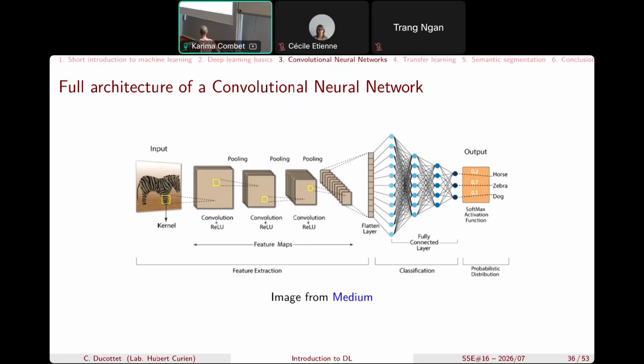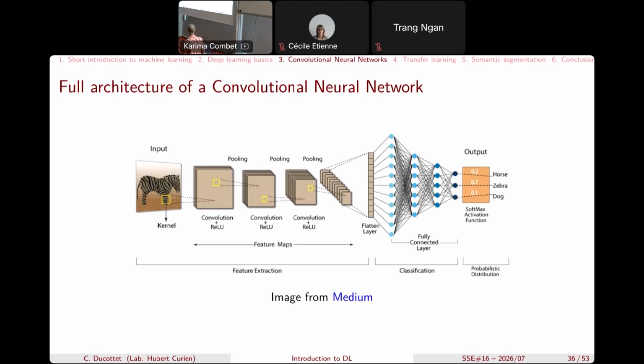And what is beyond that? When we increase the number of channels, we are describing the semantic content of the image. So at each point of this feature map, we have information which could be a feature vector. And this feature vector is telling us information about the visual content of the image.